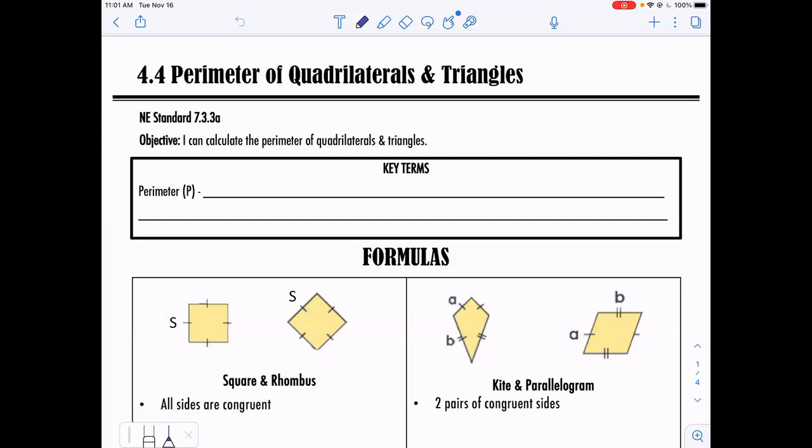Okay, so what does the word perimeter mean? The distance around the outside of a shape.